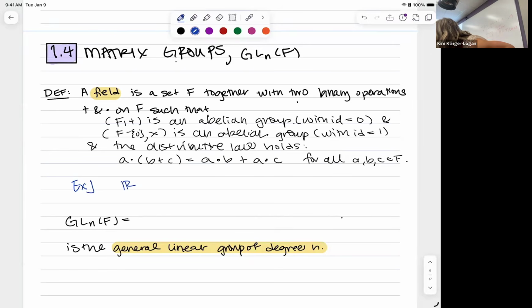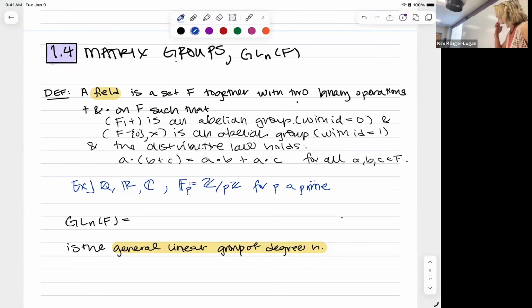So the real numbers, but the rational numbers are just fine. The complex numbers are just fine. And in fact, Z mod PZ for P prime is also an example. We usually call this FP. It's a finite field of order P.